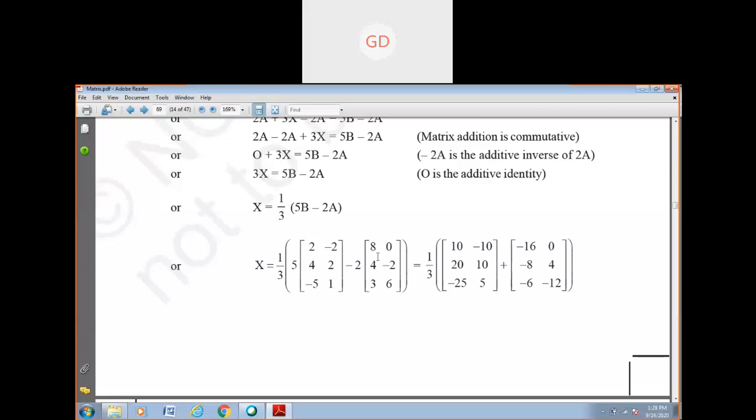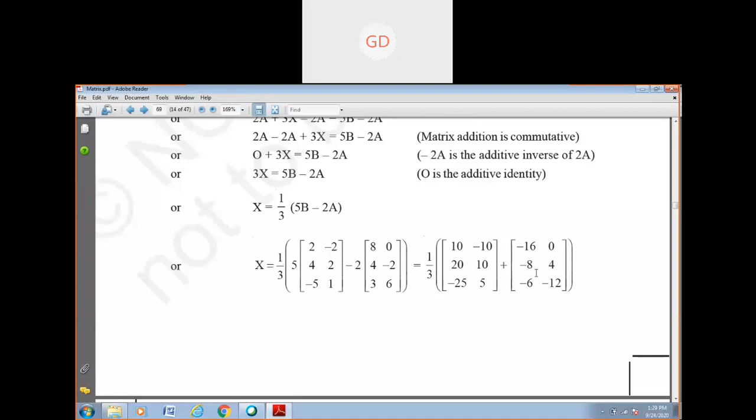Again, we will have one matrix here and another matrix here, and outside the bracket the constant 1 by 3 remains as it is, and this step leads us to this one. So this is 5 of B, the resultant matrix, that is multiplying all the elements of B by 5, and this is the other matrix A, all of whose elements are multiplied by 2.